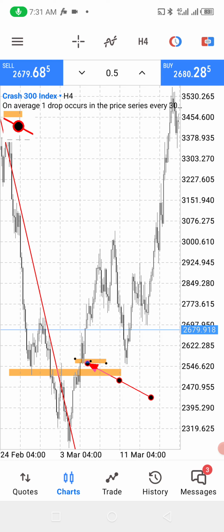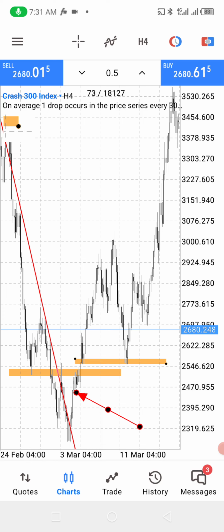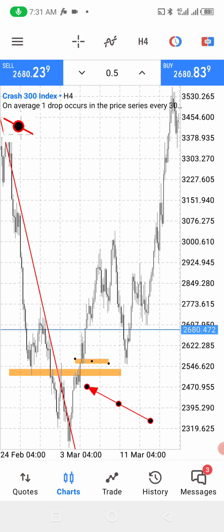Price came here and pushed up. Okay, so this is a resistance. So you will extend this resistance. Just extend it. But don't wait for price to move and start coming back to the resistance.